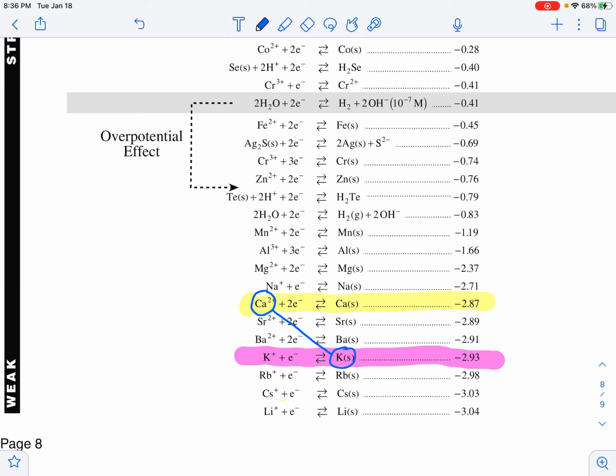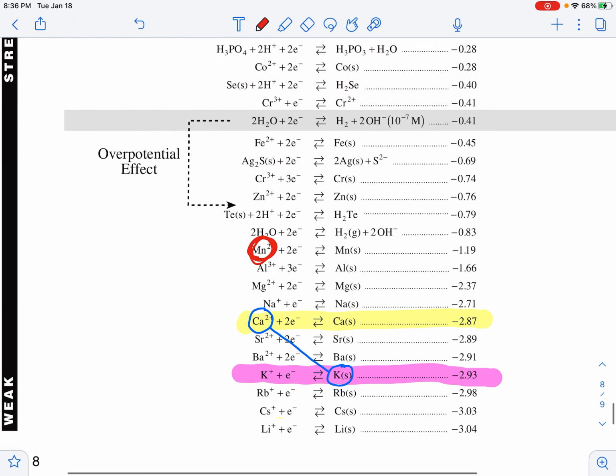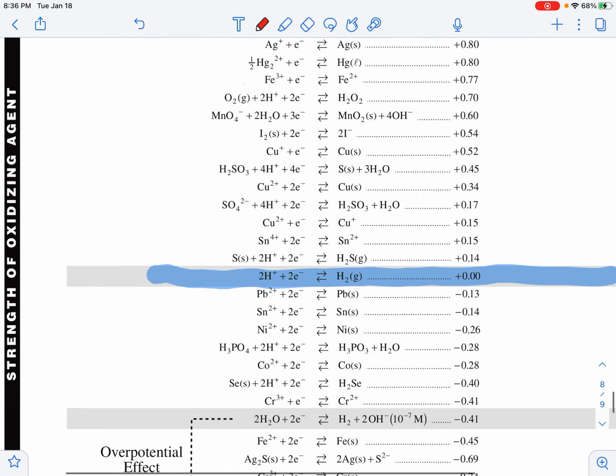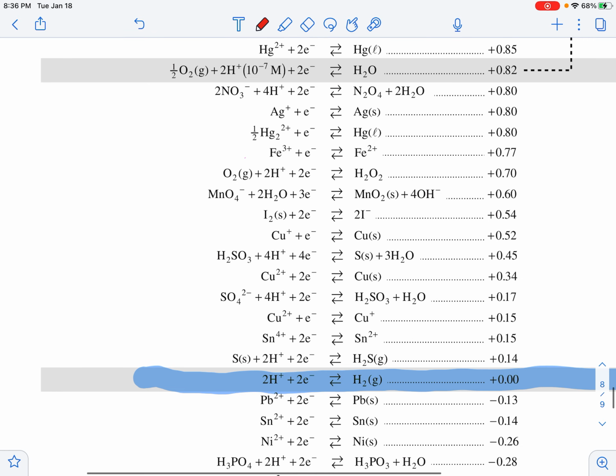If I take the previous one, we found out that it was non-spontaneous, and we were reducing Mn plus 2, so I'll circle those as well. There's Mn plus 2, and we mixed it with the H2O2, up here.